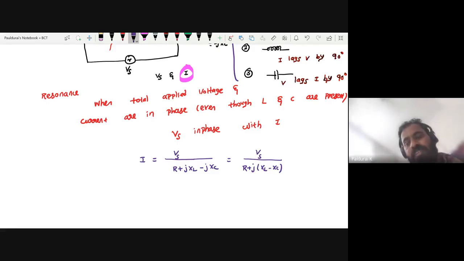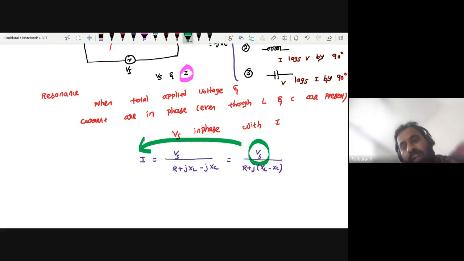Both are in phase means, here you have some phase, here you have some phase. I want to have the same phase for this current. So in order to make the same phase for the current, what about this denominator? This denominator won't have any imaginary part.